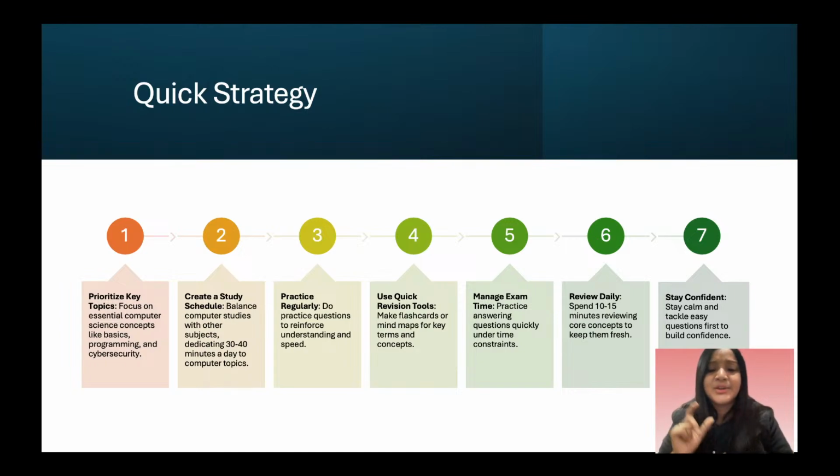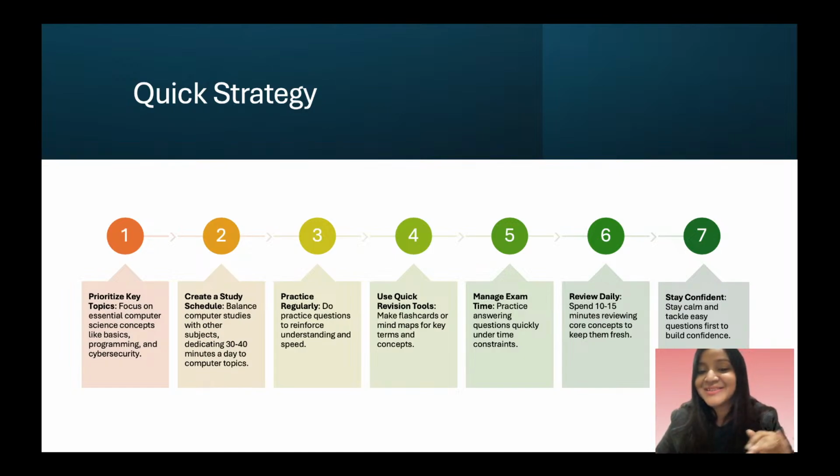Someone might be using notes, sticky notes, whatever it is. Just do it. Manage the exam time, like practice answering questions under time constraints. That is most important. People know the answer, but time management becomes a problem, right? Review daily, like spend 10 to 15 minutes reviewing core concepts to keep them fresh.